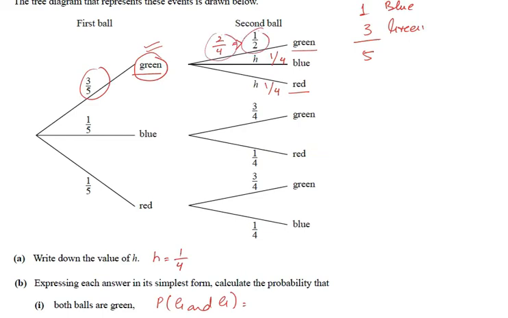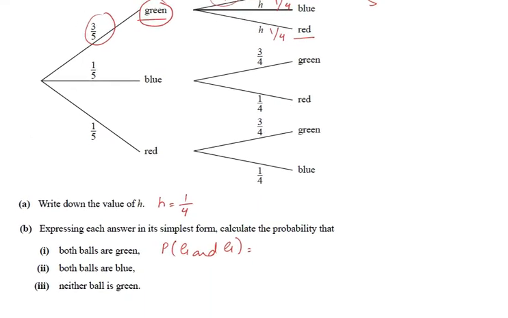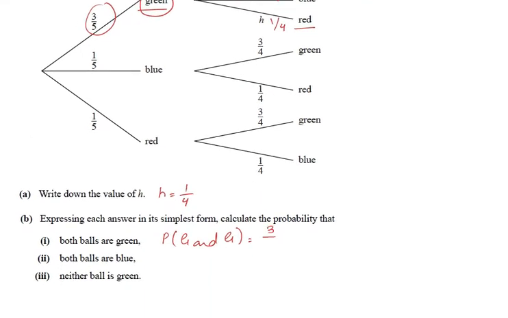So 3 upon 5 multiplied by 1 upon 2. Both numerators and denominators will multiply because we cannot simplify this. So 3 times 1 is 3 and 5 times 2 is 10. So the answer of this part is 3 upon 10.